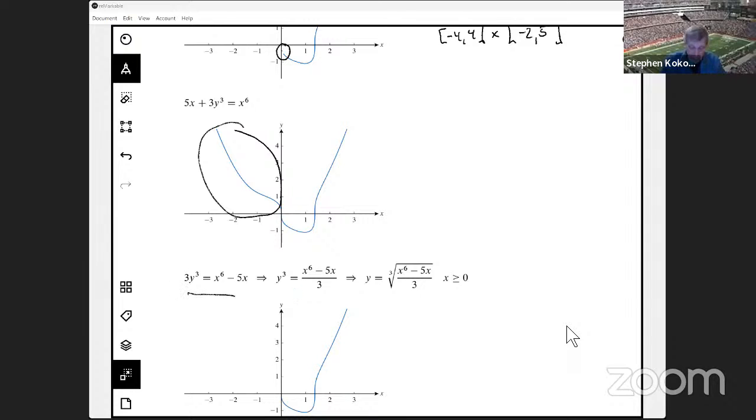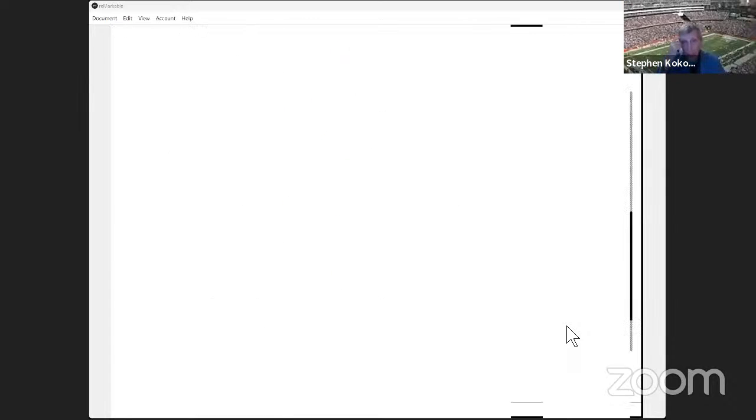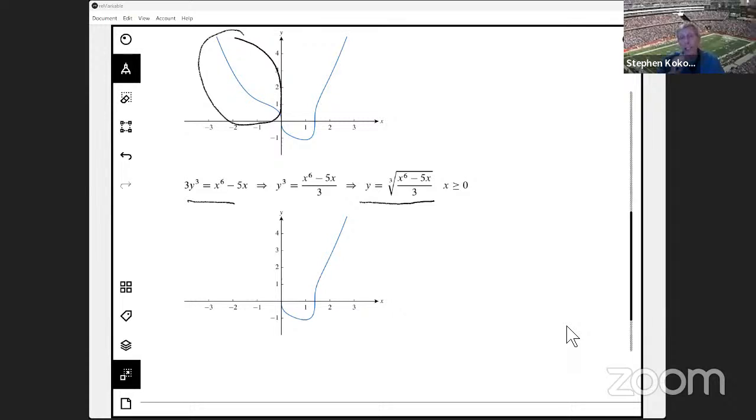I was lucky in this case. I could solve this expression explicitly for y as a cube root. And when I graphed that, I got a very nice graph with Mathematica. I suspect that the 84 and of course the TI-Nspire would return a good graph there too. So that was a nice problem.